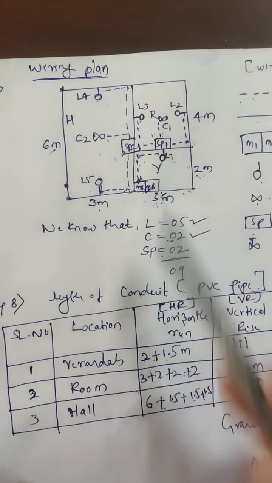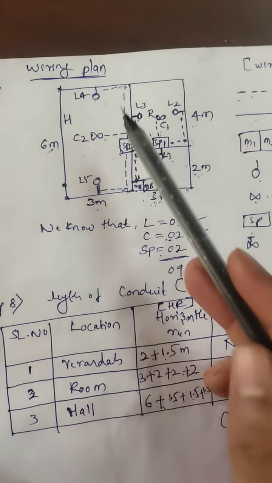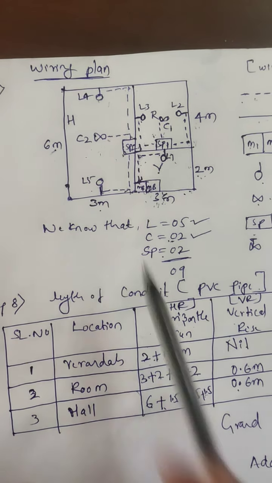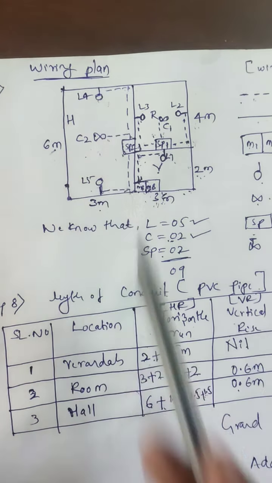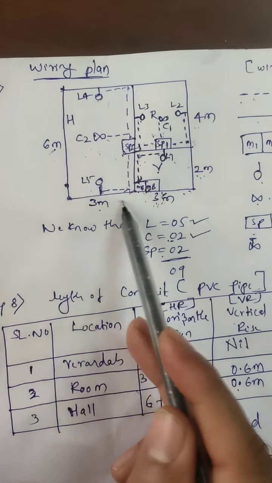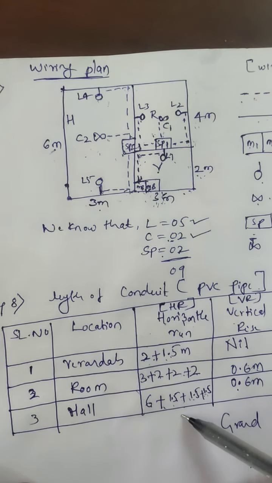So half of this is 2 plus 2 plus 2. Similarly, in the hall, this complete length is 6 meter. So 6 is written first. Next, the L5 connection, C2 connection and L4 connection are 1.5, 1.5, 1.5, because 3 is the total dimension given, and half of this means 1.5. This is how you have to calculate the horizontal run.